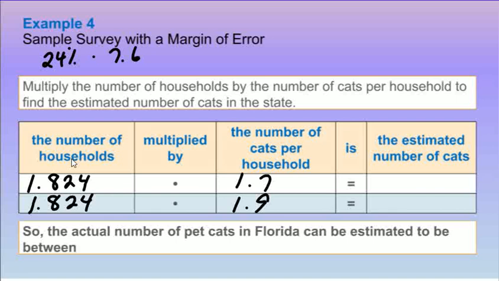So now if I take that 1.824 times 1.7, estimated, we're going to round these to, actually we won't round any of these, we'll just put the whole decimal, so that would give us 3.1008. And if we took our same answer, 1.824 times 1.9, that's going to give us 3.4656.